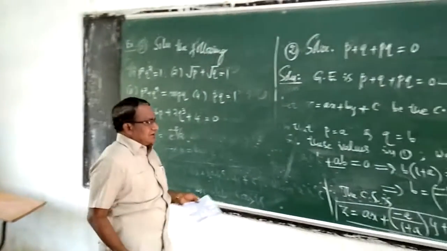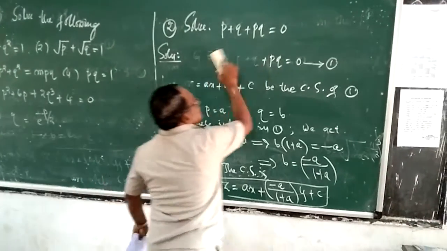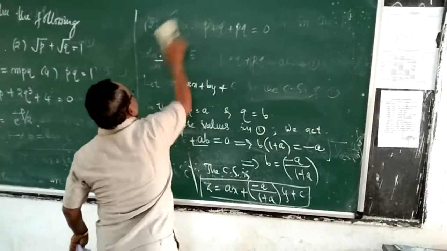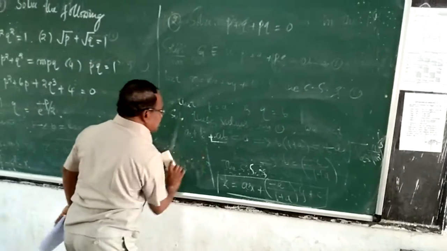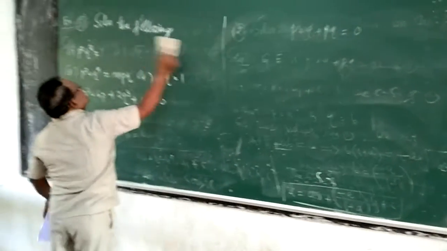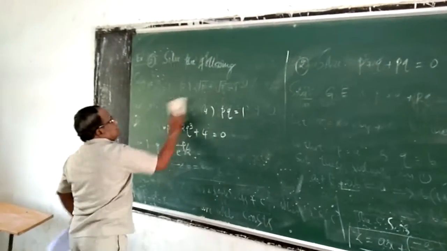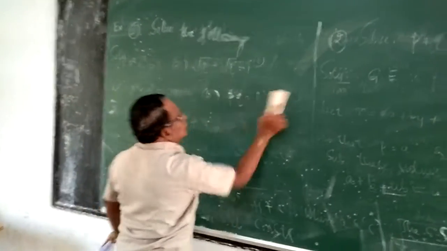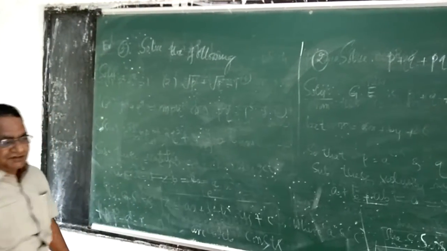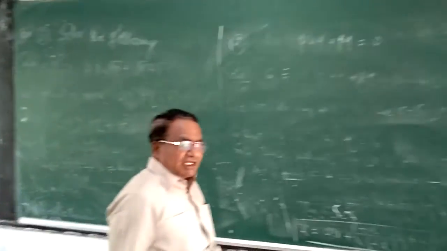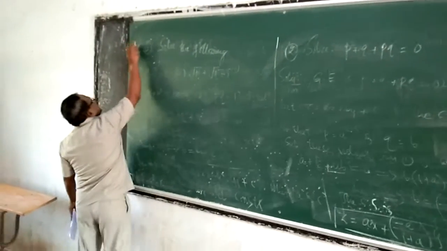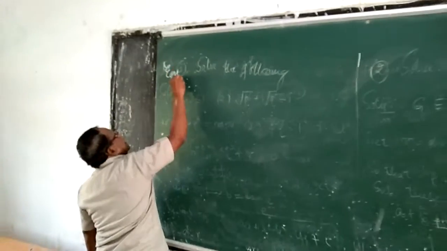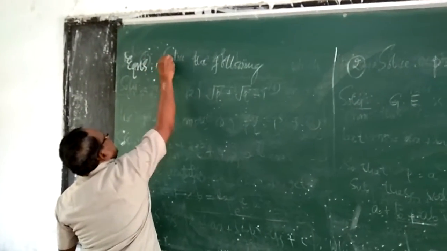And of course, some of the equations are there which are not of type 1, but one can convert that into type 1 by making use of suitable substitutions, and such equations are called equations reducible to type 1.